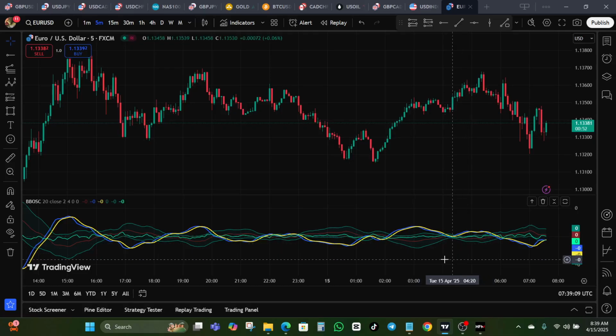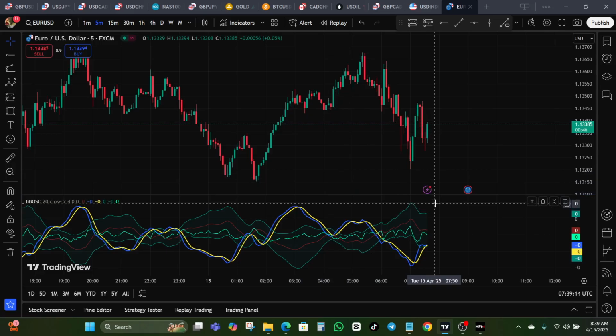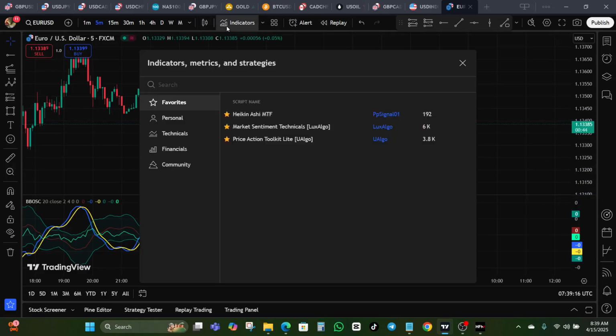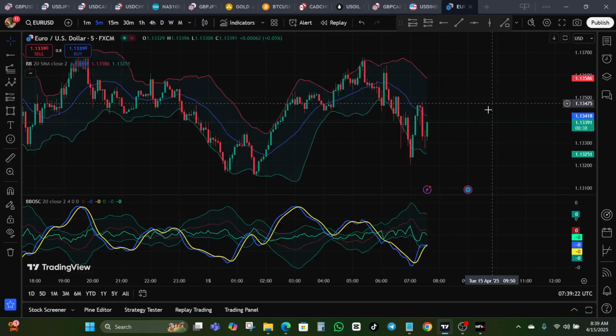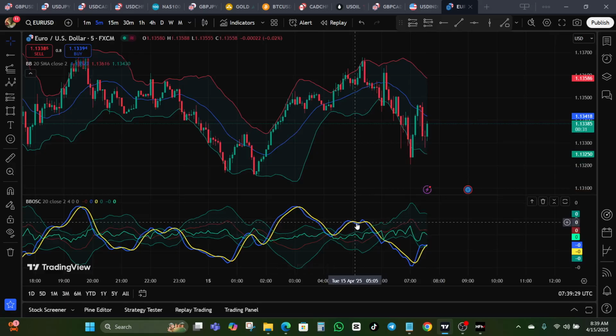conditions. So basically, when the price moves toward the upper band of the Bollinger Bands, the oscillator climbs, showing potential overbought conditions.